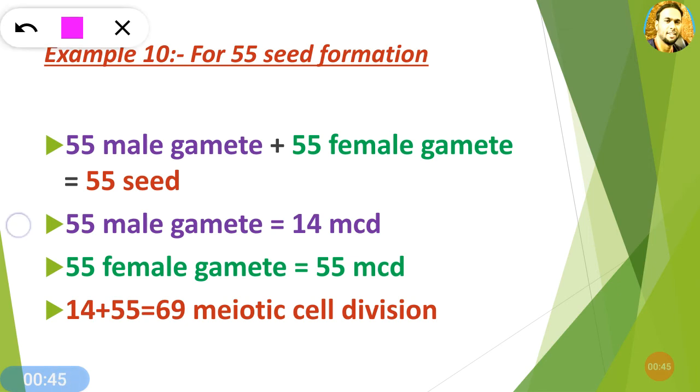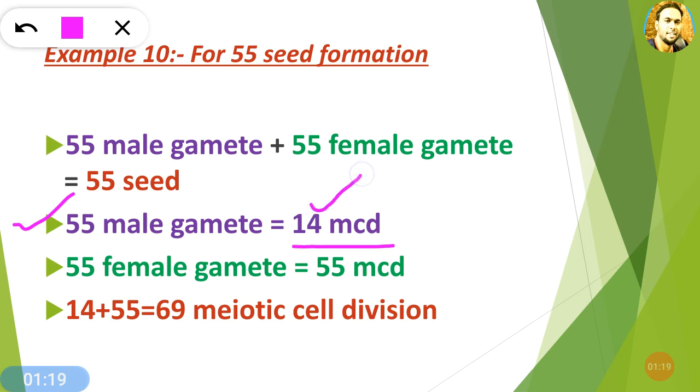For the male gamete, as you know, the formula is that by one meiotic cell division 4 male gametes are produced. So for 55, 14 meiotic cell divisions are needed, because by 10 meiotic cell divisions 40 male gametes will be produced, by 11 44, by 12 48, by 13 52 male gametes will be produced, and the next number is 14.